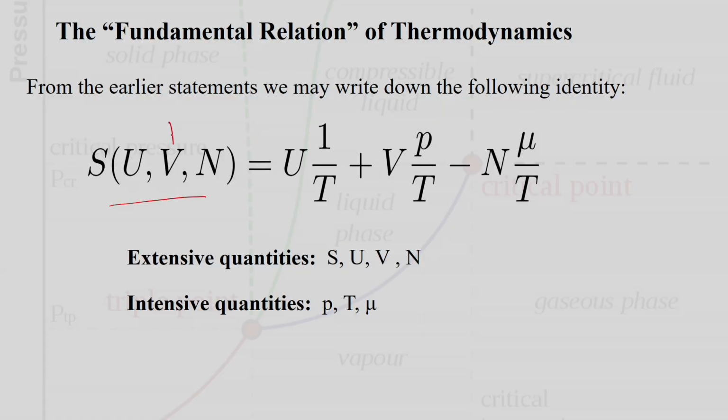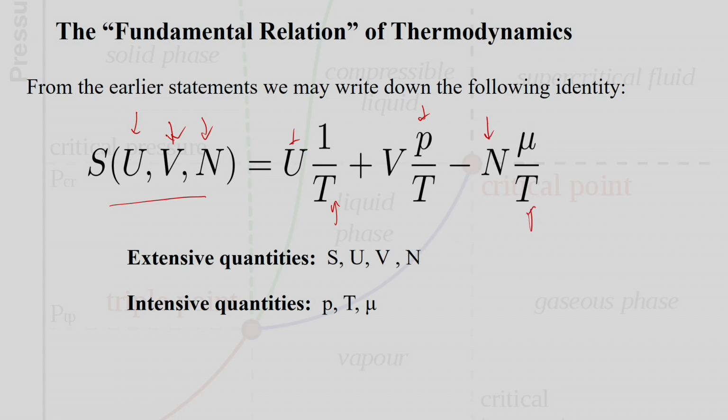Because there is a volume associated with this and a number of particles and a total energy, the entropy of this gas is nothing but the total energy divided by absolute temperature, plus pressure times volume divided by absolute temperature, minus chemical potential times number of particles divided by absolute temperature.